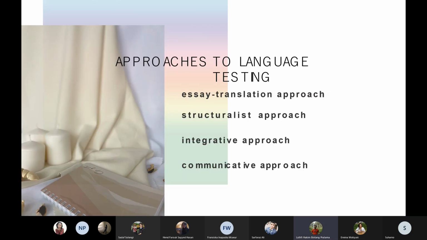And so, approaches to language testing are divided into four. The first is the essay translation approach and the structuralist approach. The third is the integrative approach, and the fourth is the communicative approach.